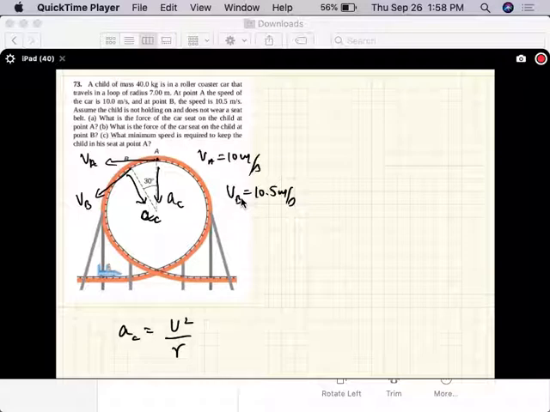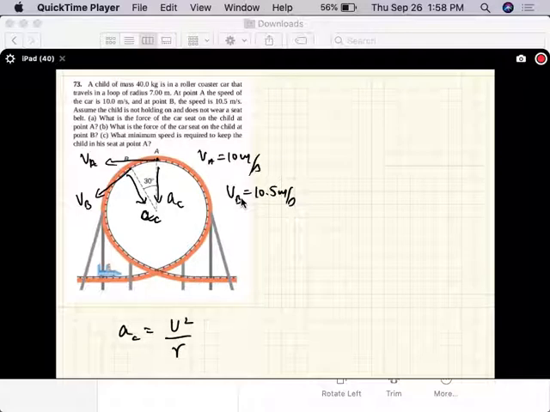Given that the radius of this track is 7 meters, if this number works out to be less than g, then what nature has to do is r has to decrease, because this has to be a minimum of g. r decreasing means you're coming off the track.